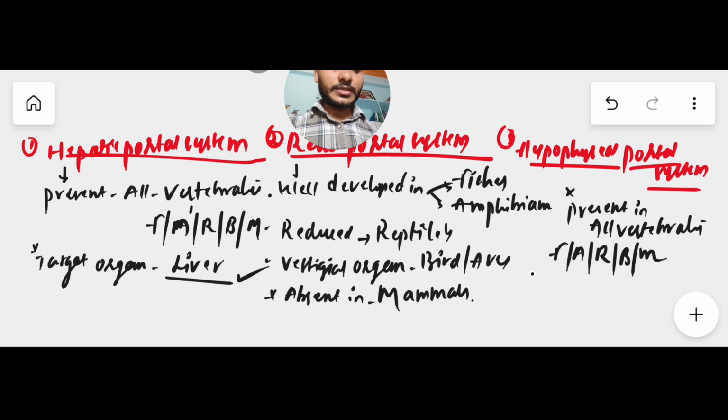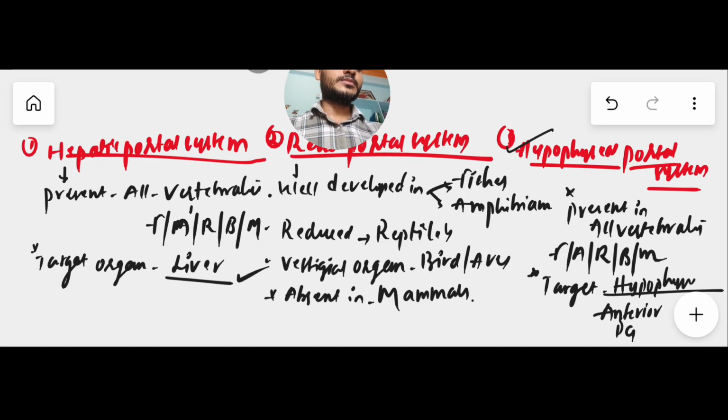And here the target organ is hypophysis. Hypophysis is nothing but the anterior pituitary gland. Hence the name hypophyseal portal system.